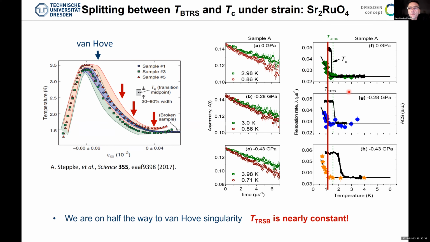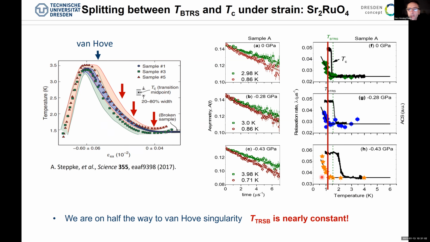Okay, and now you see it here at zero strain, then at 0.28 gigapascal, and then at minus 0.43 gigapascal. What you can clearly see is that on one hand, the superconducting transition goes up, with the black line here, and that the time reversal symmetry breaking always appears at nearly the same temperature.